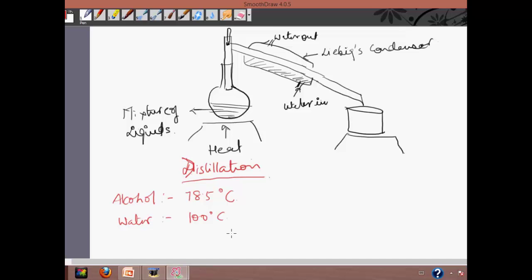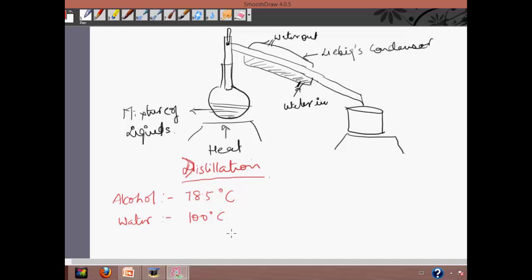Then we keep on heating until all the alcohol gets condensed and collected in the receiver beaker. After we get all the alcohol in the receiver, we change the receiver beaker and collect the water, and we can get the separated liquids of a mixture.